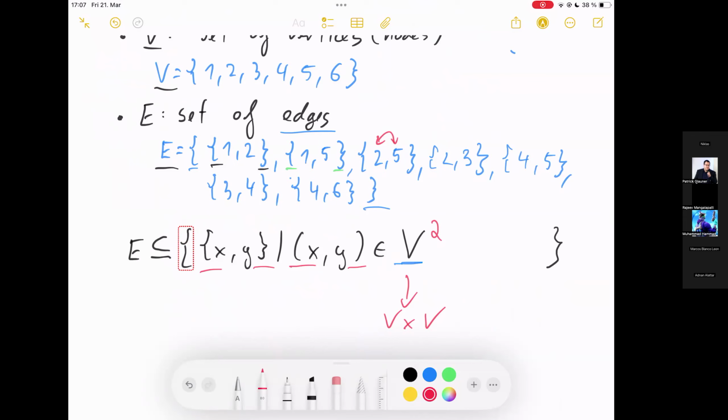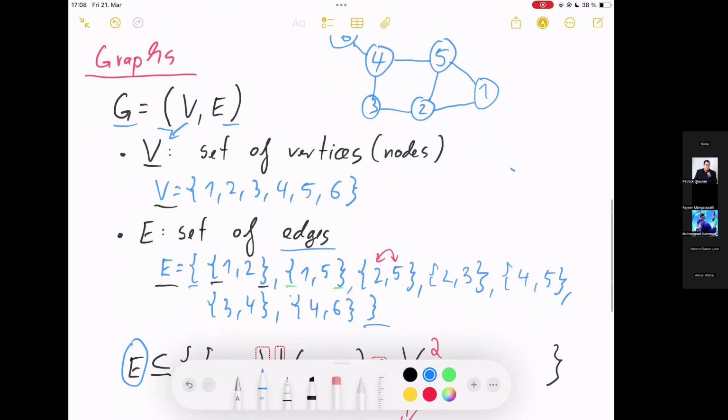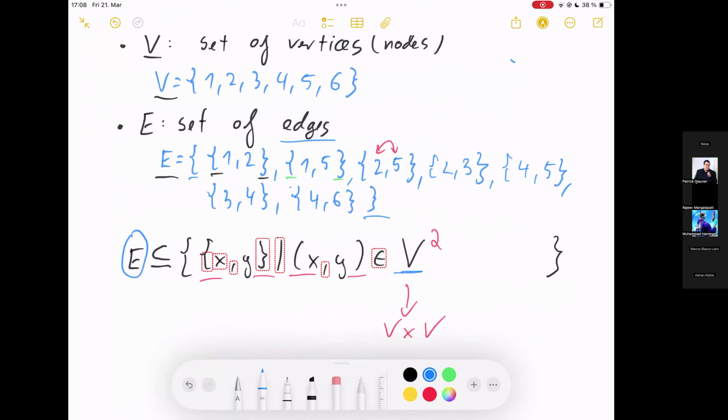So this looks more complex than it is. And E is a subset of this. Because typically you would have not connected all the nodes together with each other, but only some of them. Because in our sample graph, not all of them are interconnected, only some. That's why E is a subset of all of the possible connections.